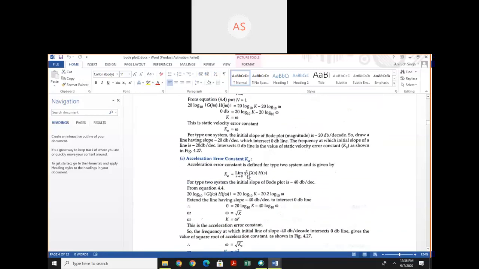Similarly, for Ka, K is given by limit s approaches 0 of s square G(s)H(s).